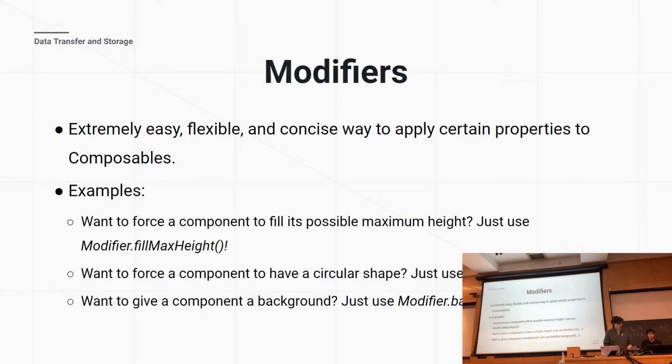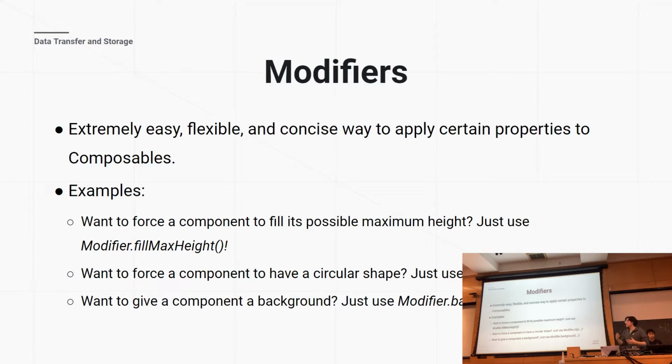So modifiers are extremely easy, flexible, and concise with how they apply as properties to composables. For example, if you want a component to fill the possible maximum height, all you have to do is add this modifier called fillMaxHeight, right?